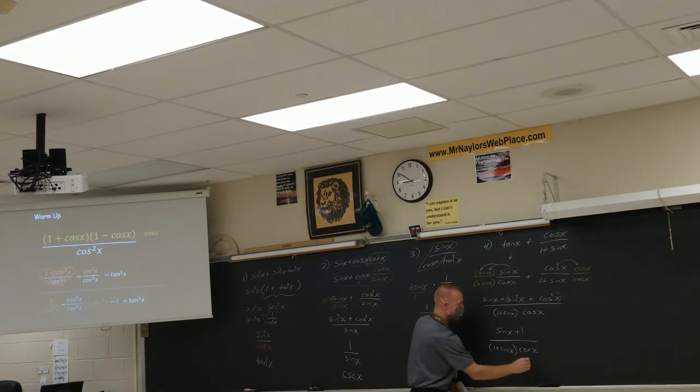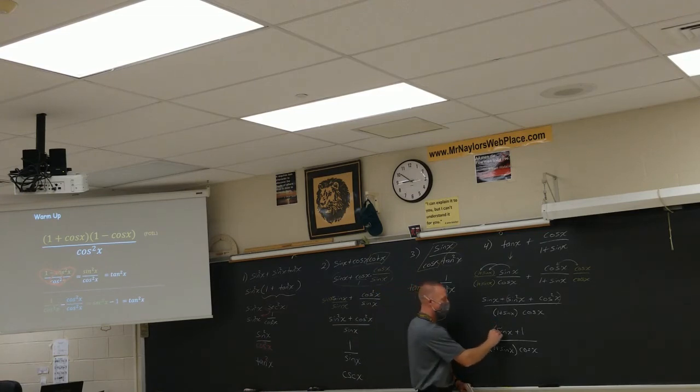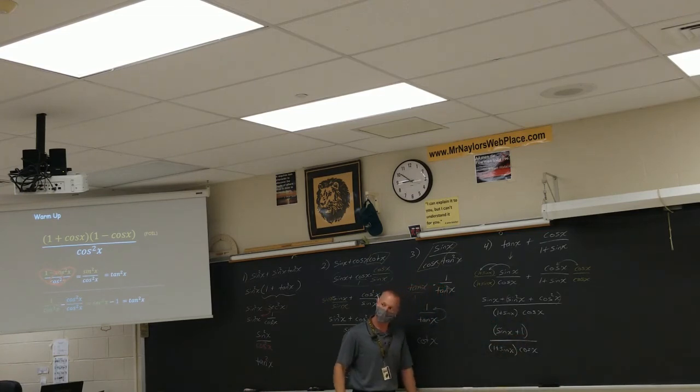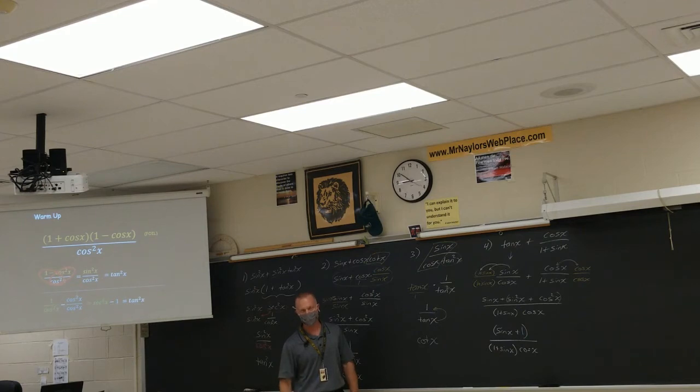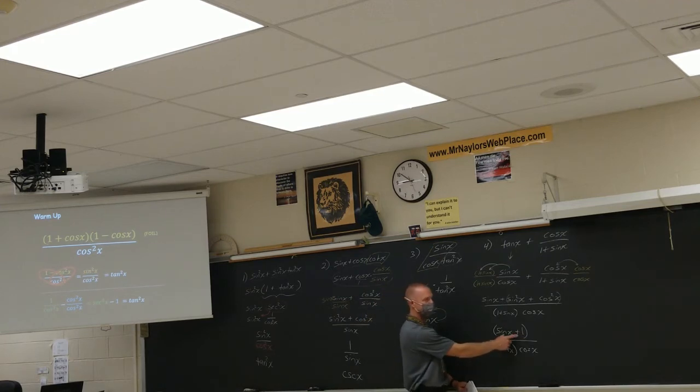I never showed you a problem like this where we ended up with a group, but take a look at the group that's in the numerator and the group that's in the denominator. I'm talking about the 1 plus sine and the 1 plus sine. These groups are the same.